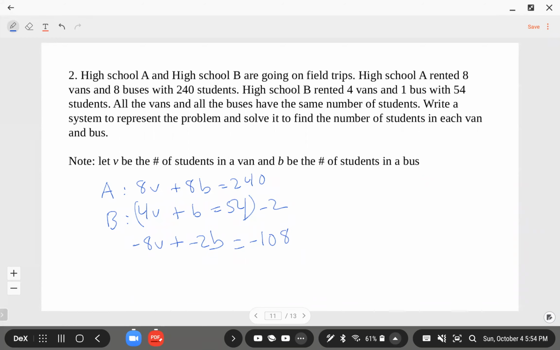That equals 0. Plus 8b plus negative 2b equals 6b. That equals 240 plus negative 108, so that'd be 132. That should be correct. Let me check on my calculator.